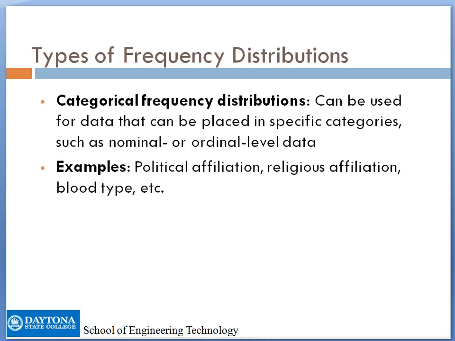Because you have one of those classifications, these are what we call categorical frequency distributions. Religious affiliation and blood type are also examples, because you have a defined set of categories for this classification. So when you can classify the data in different categories, this is what we call the categorical frequency distribution.